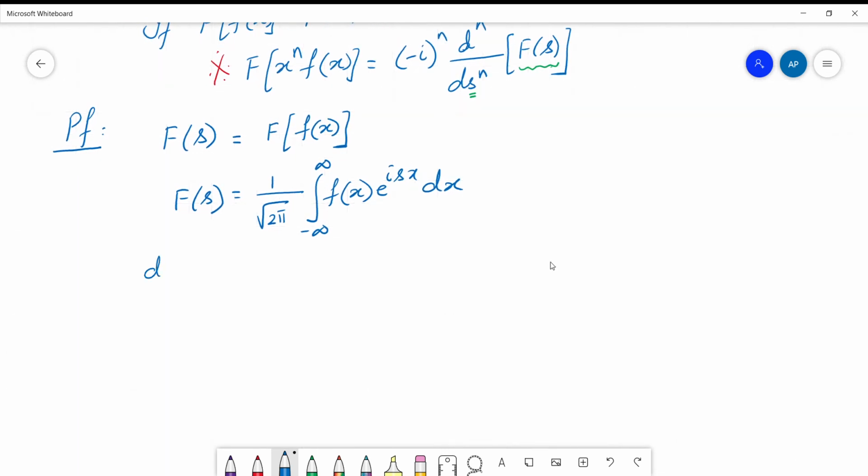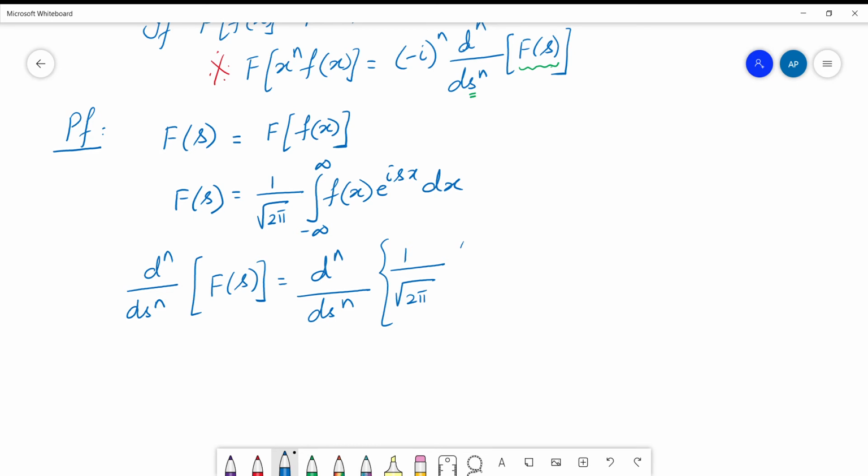So that becomes d power n by ds to the power n of F of s, which is equal to d power n by ds power n of the right hand side. The right hand side is again 1 by root 2 pi, the definition itself. Now, on the left hand side nothing can be done, but something can be done on the right side.